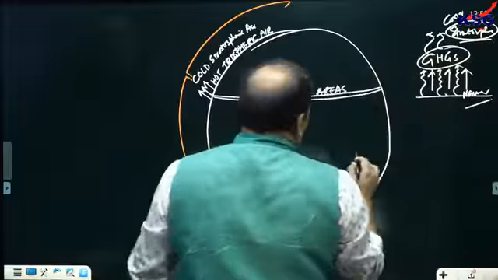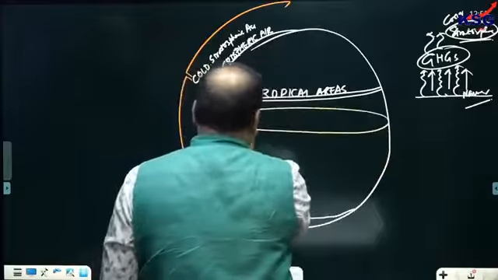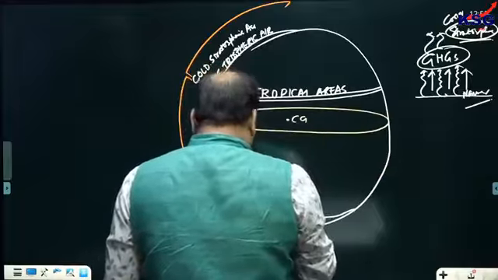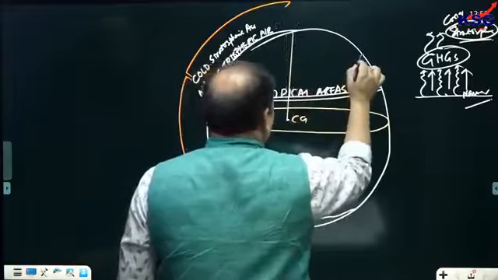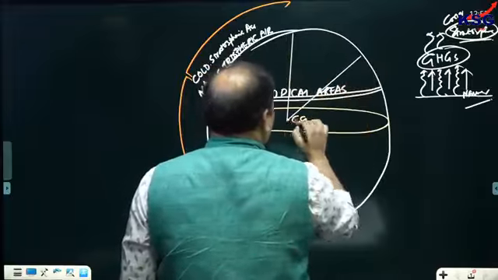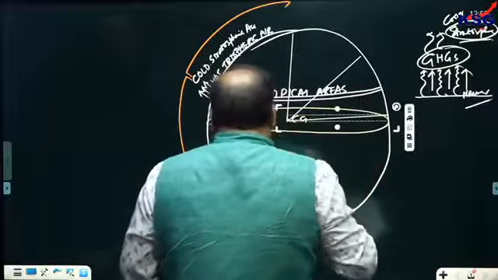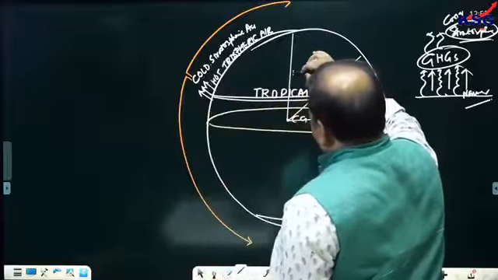And the emissions are getting accumulated near the poles. Why? Because of the nearer center of gravity. Suppose here we take the center of gravity. This distance is a short distance when compared to this distance.